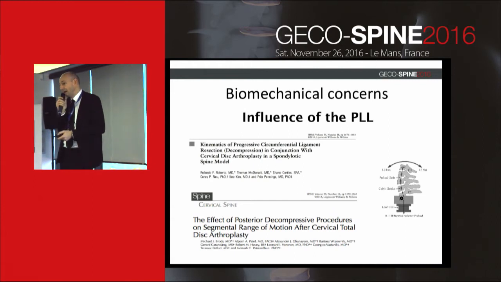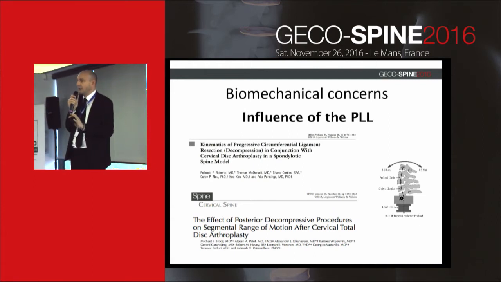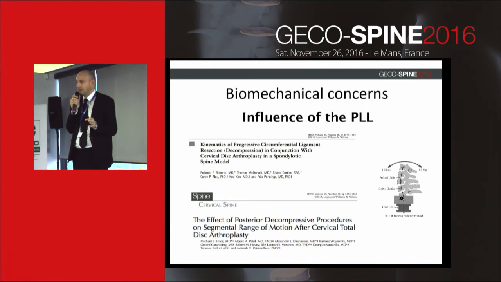Specifically, the ligaments, or more largely the annulus, the lateral resection of the annulus, the posterior resection. It has been demonstrated in cadaver spine studies that every single piece of ligament that we keep participates in the stability of the index level.